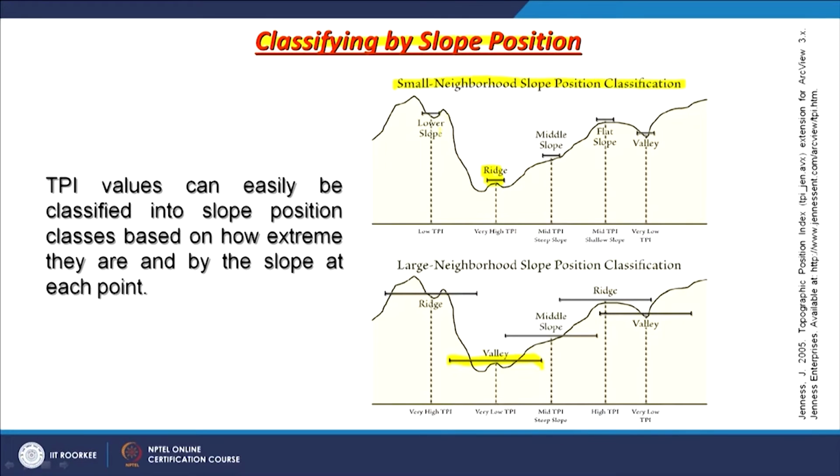Similarly here, in case of lower slope, it is identified as ridge; it is flat, so it is identified as a ridge; it is a valley; it is a middle slope. So, only the middle slope and valleys are identified correctly, the same way in both the scales, but otherwise things are identified differently. So, depending on the input resolution of your digital elevation model, this analysis can be done.